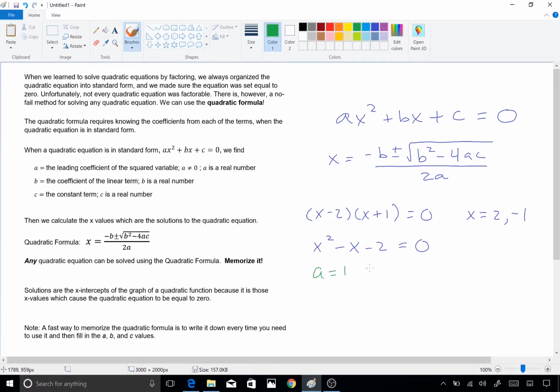A is 1, B is negative 1, C is negative 2. I plug these into negative b plus or minus the square root of b squared minus 4ac divided by 2a.